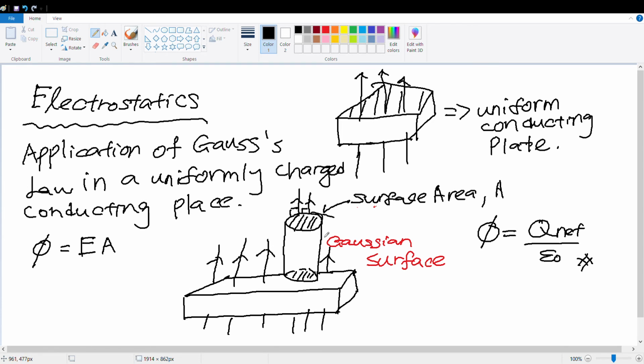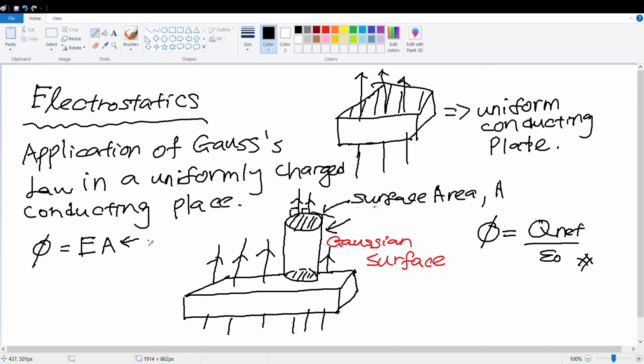I repeat again: this cylinder is our Gaussian surface, and A is the surface area of the closed cylindrical shaped Gaussian surface.